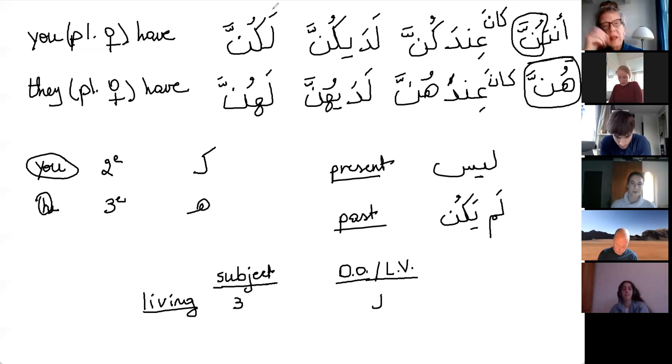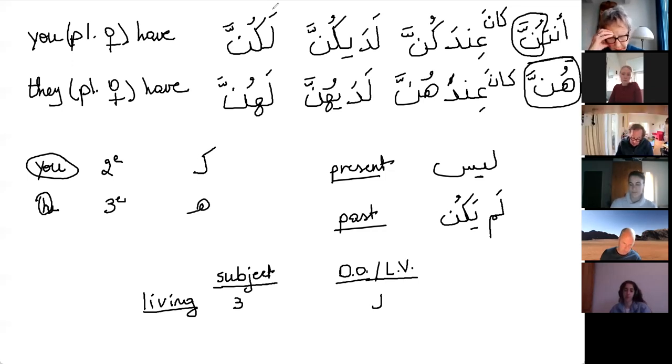Feminine. Yes, because you don't look at Hani, the room is feminine, so I use فيها. And why did I use فيها? Because the bed is inside the room. Exactly, bravo.